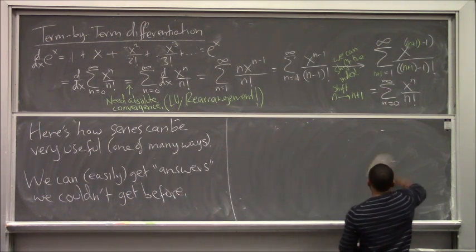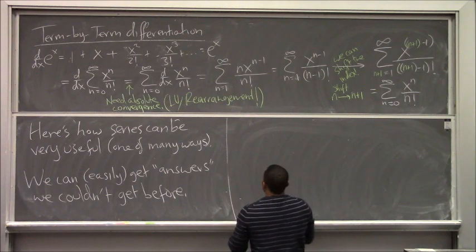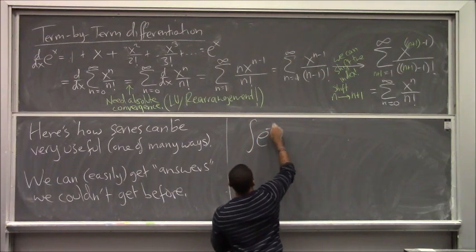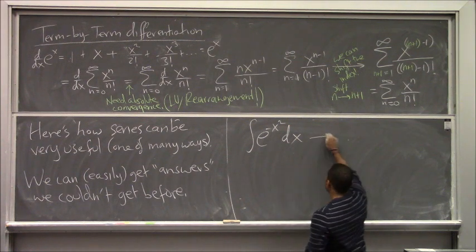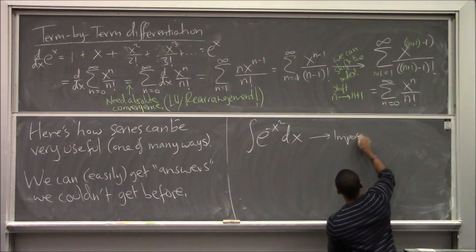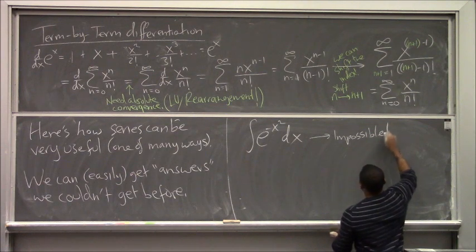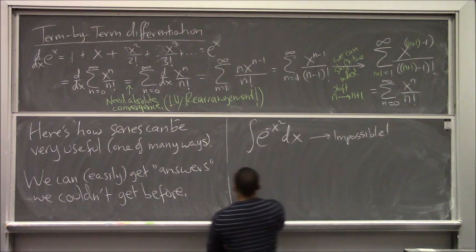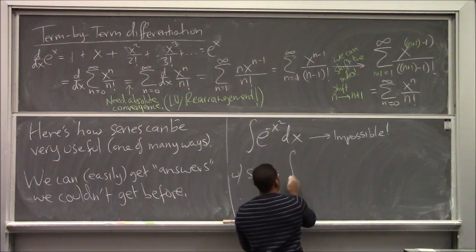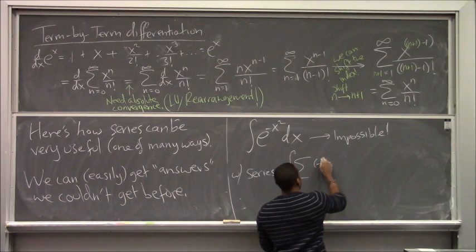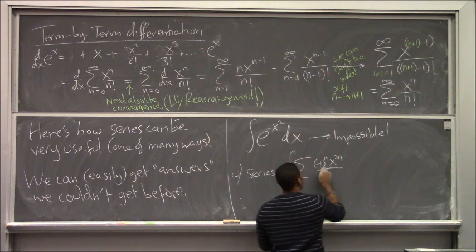So, we can look at something like e to the minus x squared integrated. Without series, impossible, right? But with series, I can think of this as the series of minus 1 to the n x to the 2n over n factorial.